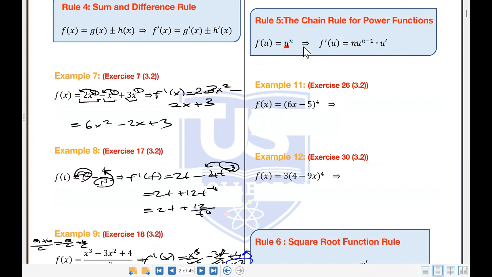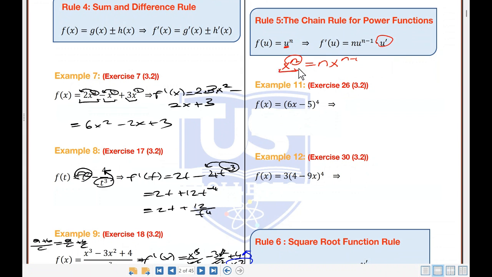If there is just x to the n, we bring the n down in front, decrease the power by 1. That's it, we are done. But if the base is not just x, it is complicated, then we also take the derivative of the base multiplied by the result.